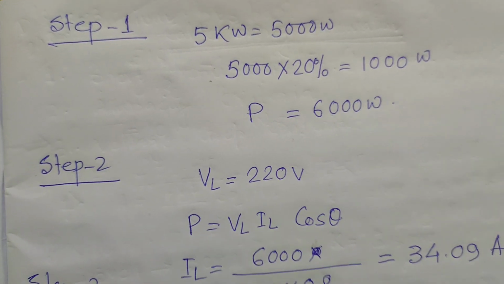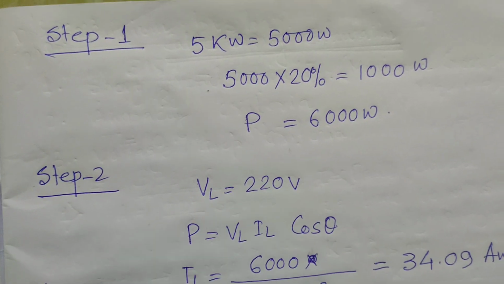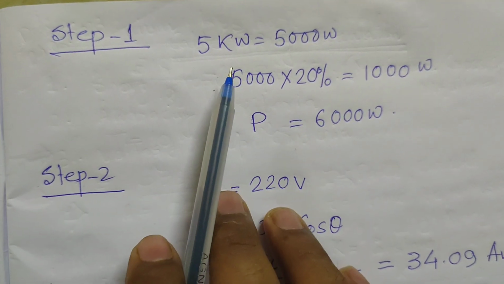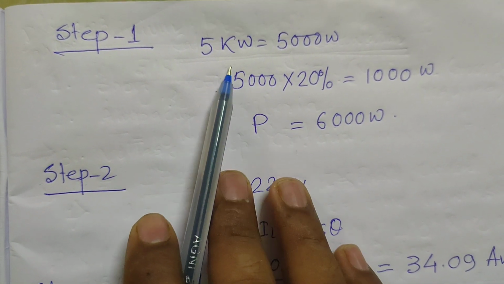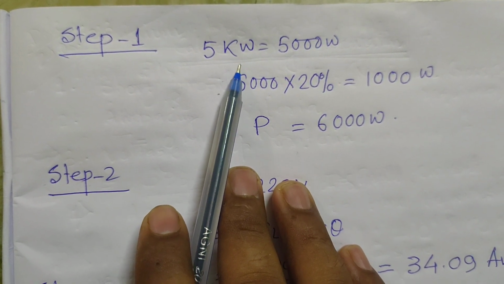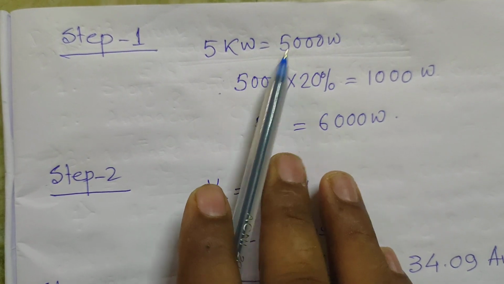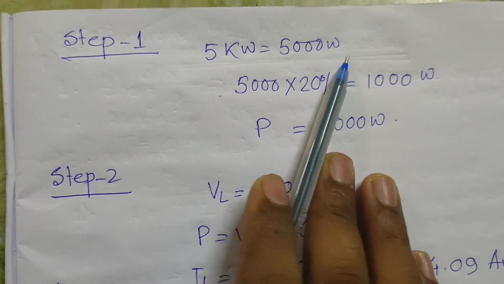Suppose, for your understanding, a household has a connected load of 5 kilowatt, that means 5000 watt.